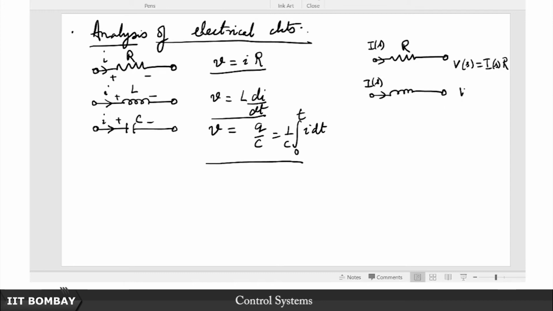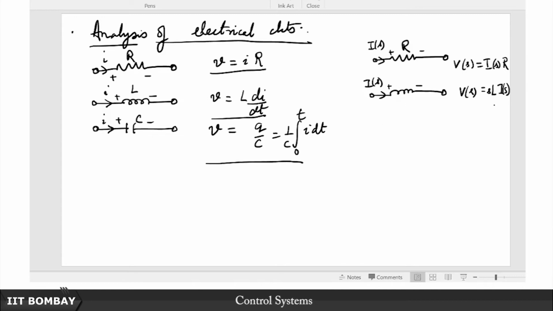We can easily see that the relation is given by sL I(s). We are ignoring the initial condition for the time being. Later on, we shall see the effect of non-zero initial conditions and how the equivalent representations can be captured through some voltage sources in addition to these elements.